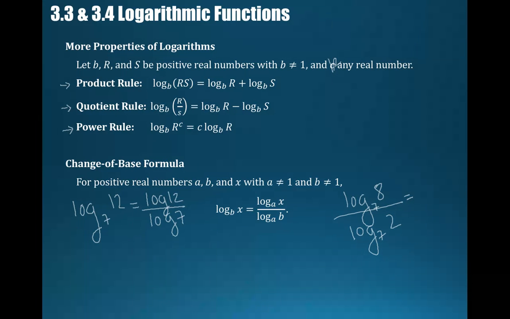Well, I could use my change of base formula backwards. And this is log of the argument over log of the base. And oh my goodness, what is that? That's just 3. Right? So this statement would have just been 3, but you're reversing the change of base formula. And I could be changing it to anything, right? Like maybe ln, maybe so that you can use some of these other properties to combine things.